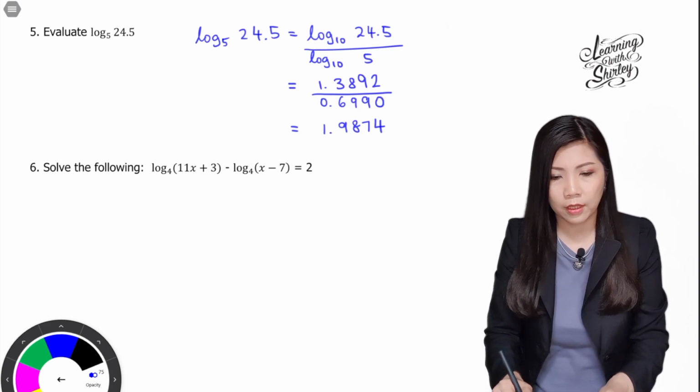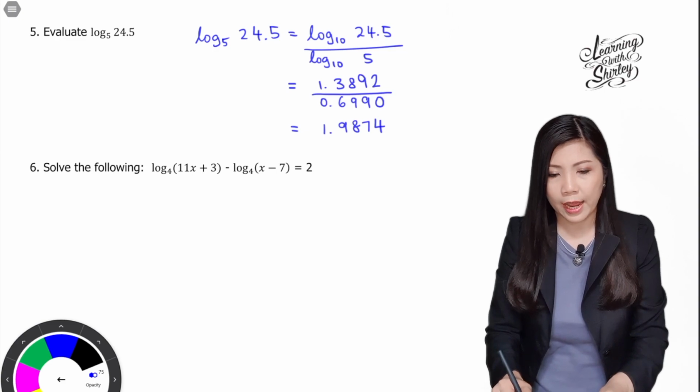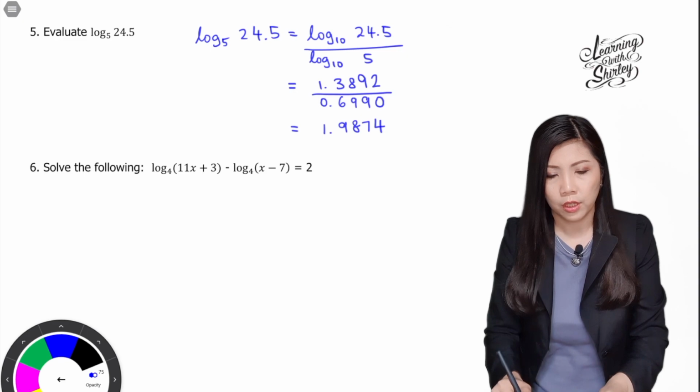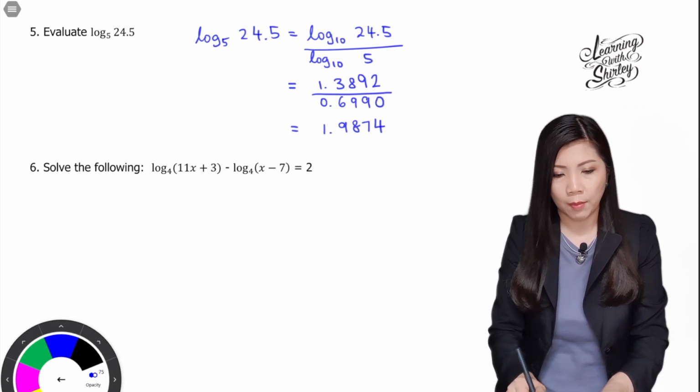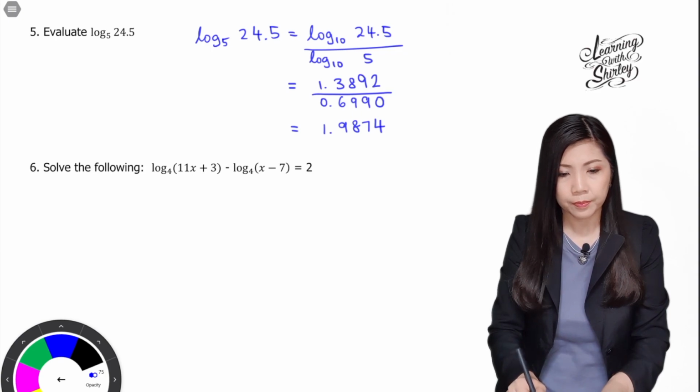Okay, let's look at example number 6. Solve the following: log base 4 of 11x plus 3 minus log base 4 of x minus 7 equals 2. We see here the log base 4 and log base 4 are the same. I'm going to write down the question again.